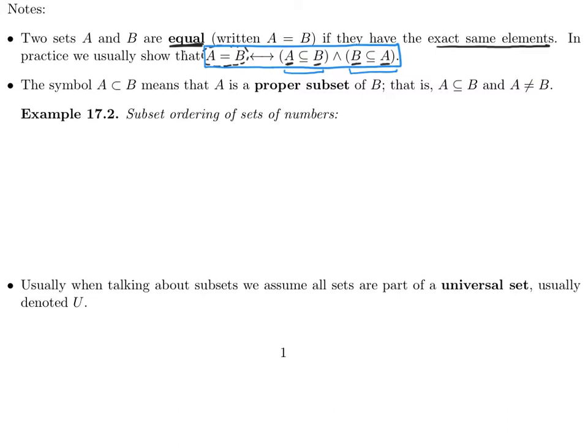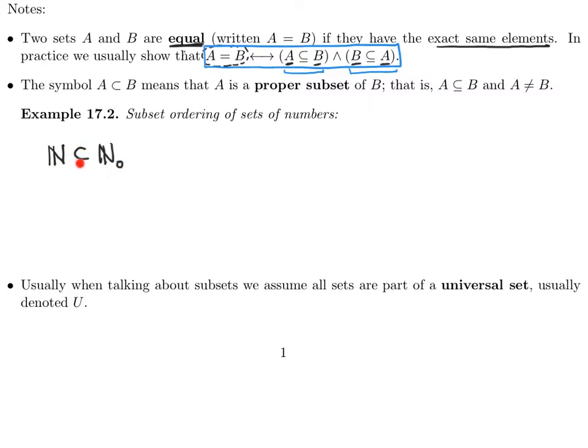Now, quickly, we talked about this in the first video, but remember that subset ordering of numbers that we had? So we said our smallest set that we dealt with were those natural numbers, your counting numbers. And they are, of course, contained in the whole numbers. Natural numbers start from 1, whole numbers start from 0.